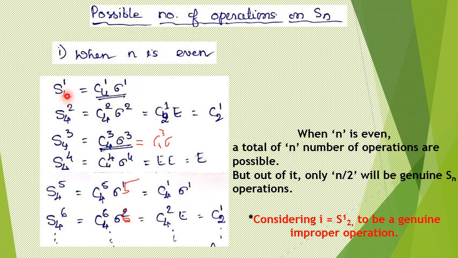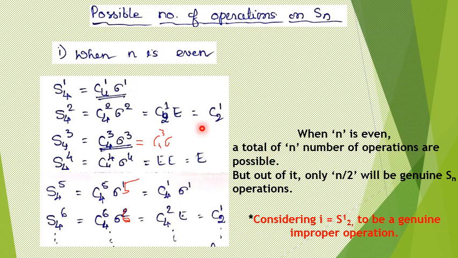So ultimately we performed 4 different operations. The fifth operation, even if we do it, results in the first operation itself. So from here onwards, if we continue, it will just repeat the things and they cannot be considered new symmetry operations. So n operations are possible.